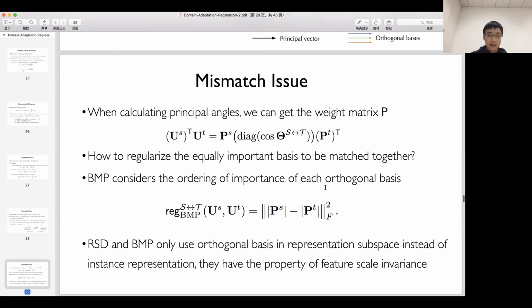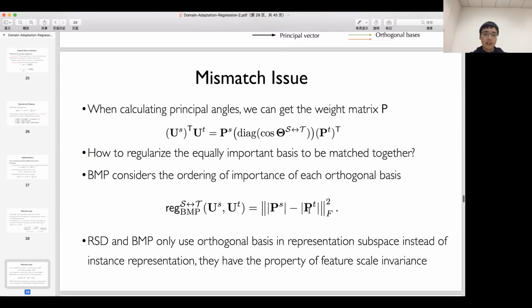So how do we regularize equally important bases to be matched together? We propose basis mismatch polarization, which we call BMP. It just tries to make the weight matrices similar. If the weight matrices are similar, the equally important bases can be matched together.